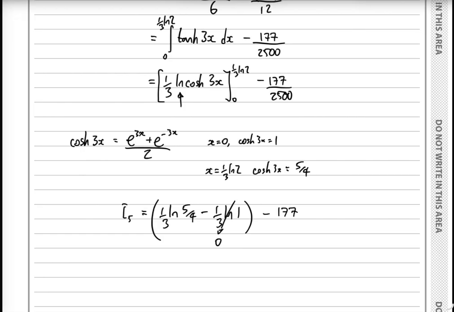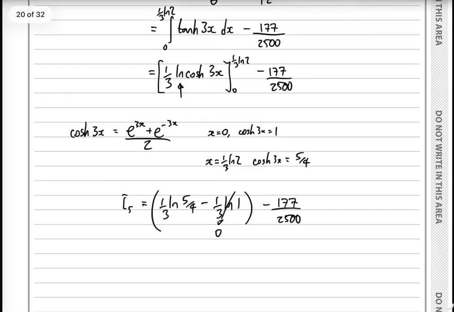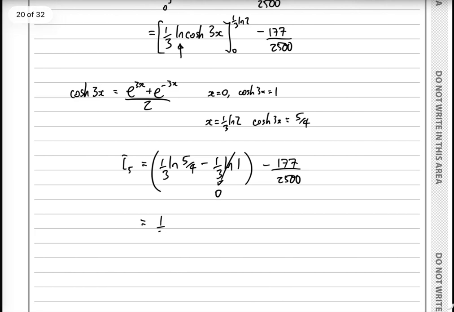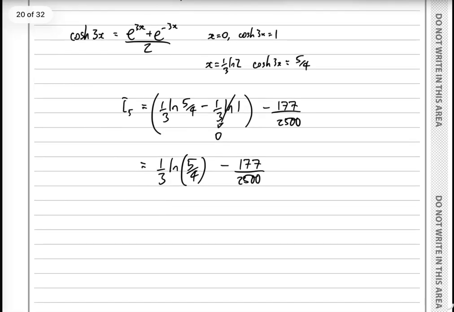Minus the 177 over 2500. So that should be 1/3 natural log of 5 over 4 minus 177 over 2500. Though a is a third, b is 5/4, and c is this weird 177 over 2500.